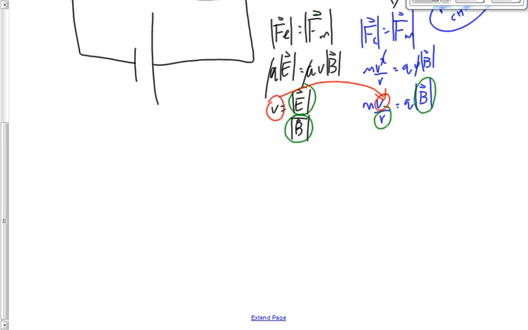Let's take the M over by dividing. So this M goes over by dividing. And then let's take the B over to the other side by dividing. So we don't know Q, we don't know M, but because we know the value of V, B, and R, we do know the charge to mass ratio.